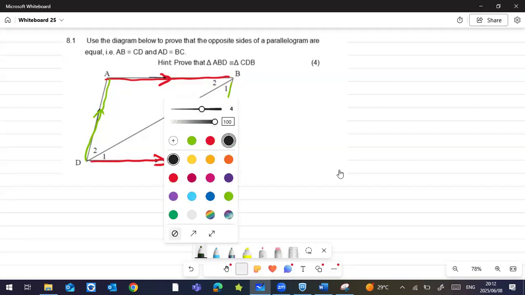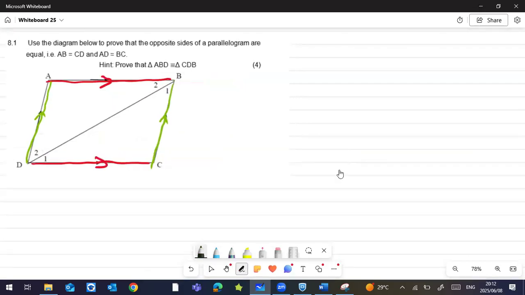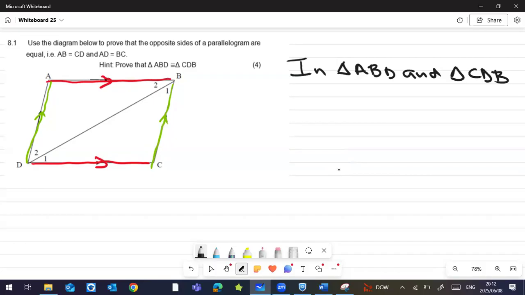When you prove congruency, remember, you must communicate here to say, in triangle ABD and triangle CDB, what is it that I see to be equal?